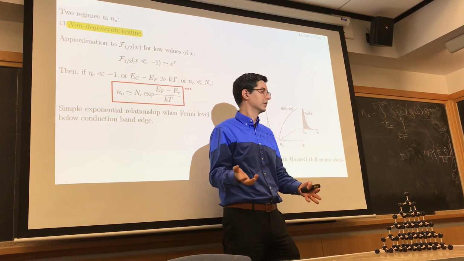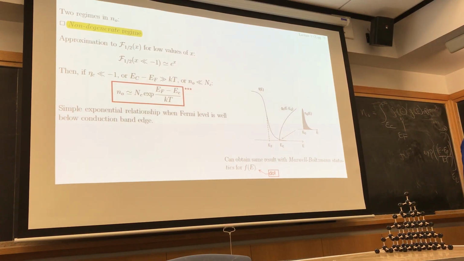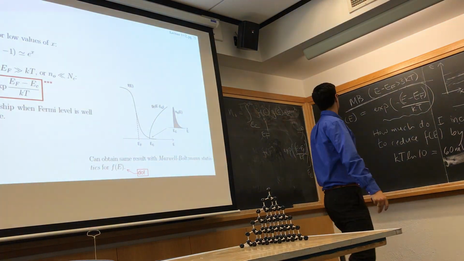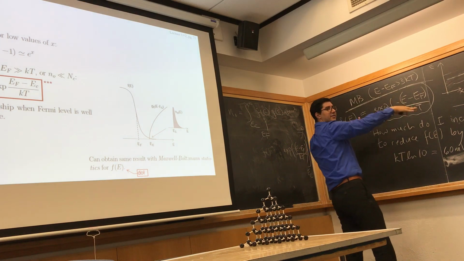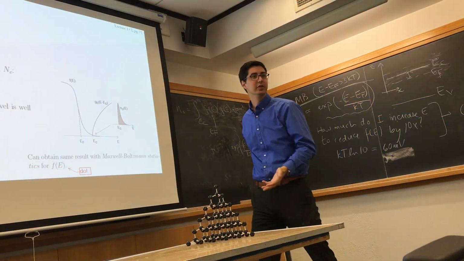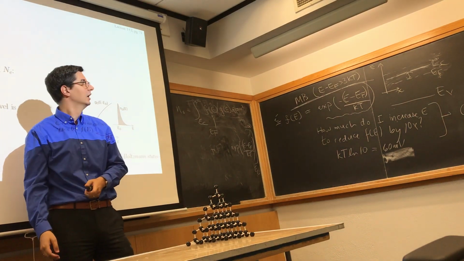Yeah, it's just coming from my probability. Okay? It looks very similar. I could rewrite this as EF minus E. And interestingly, when I do that whole integral, if I weight this, it ends up becoming EF minus EC. That's the important energy. Why? Because that's where I first have states, and then it's all decaying after that, right?